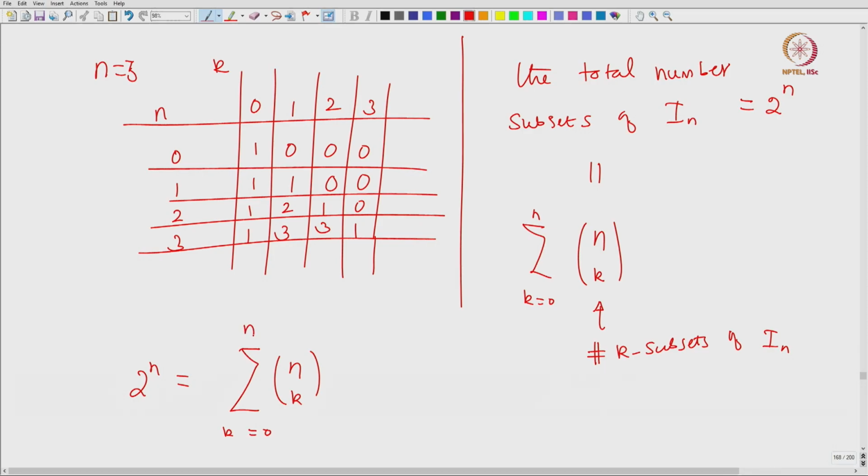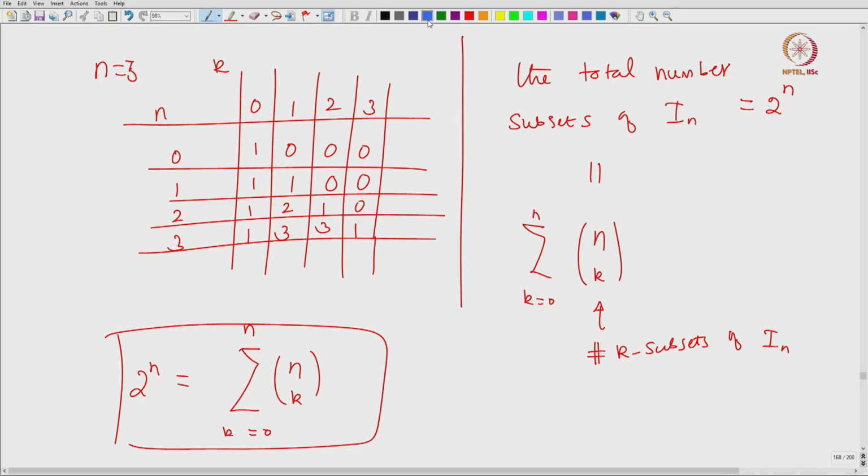So, that means we have fixed n, and then we have taken the entries in the row, and then we have just summed all of them, and we are getting this 2 power n.